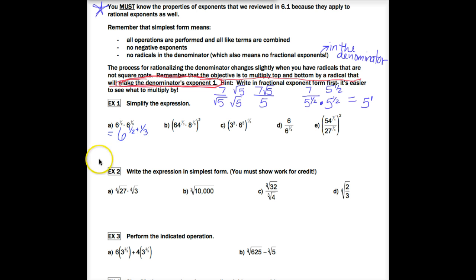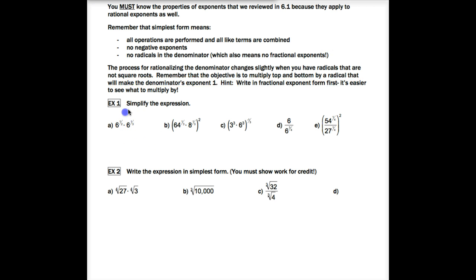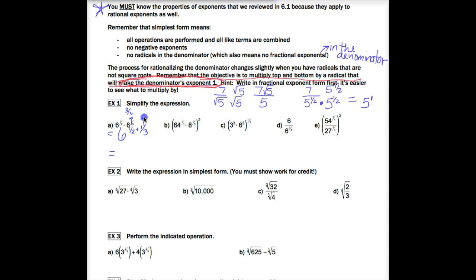Now, in order to add fractions, you need a common denominator. Most of you can probably do a common denominator for this one in your head. Of course, you could have your calculator help you too, but 6 is the common denominator. 1/2 is really 3/6, and 1/3 is 2/6. So when I add them together, I've got 6 to the 5/6.